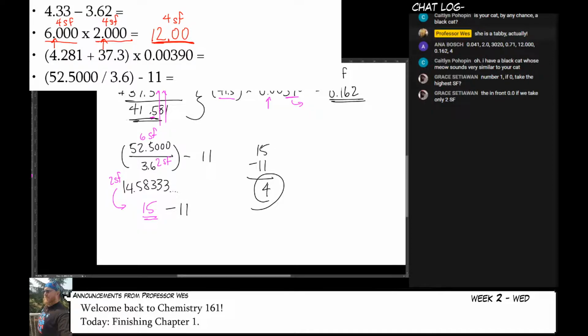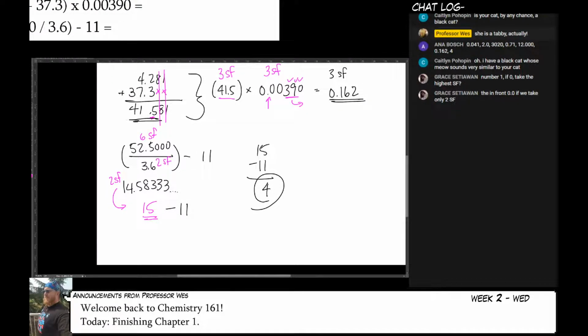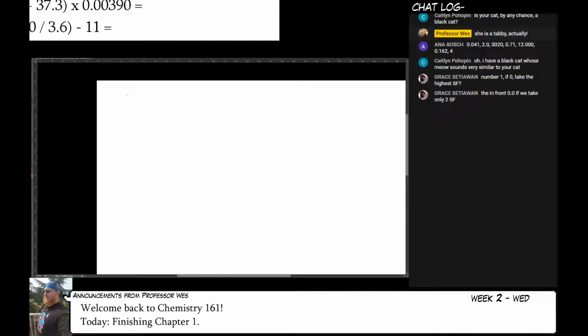So let me just move this over. Here's how you're going to calculate volume. So, for example, for the 50 milliliter beaker, we're going to fill it to this line.